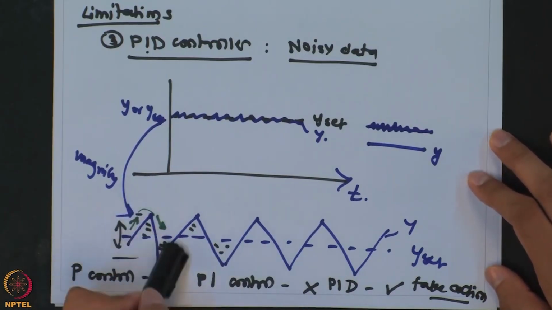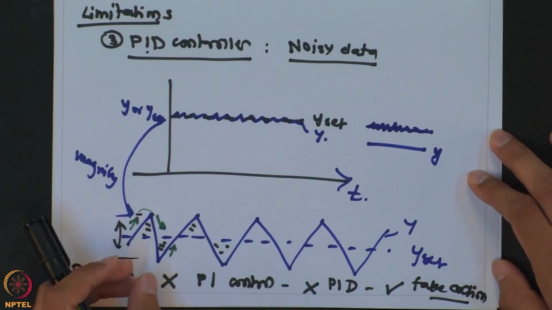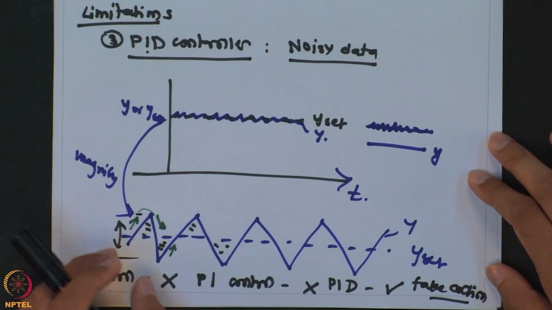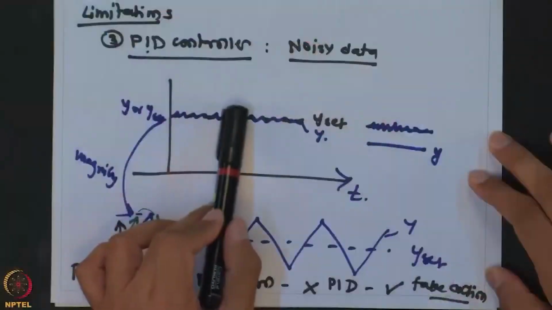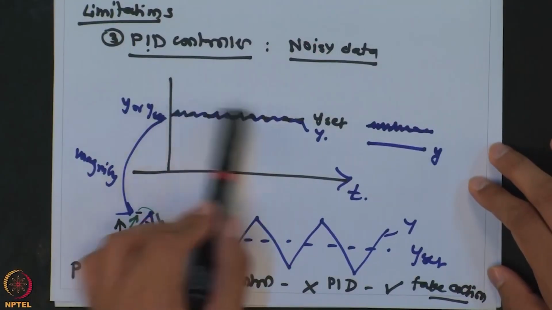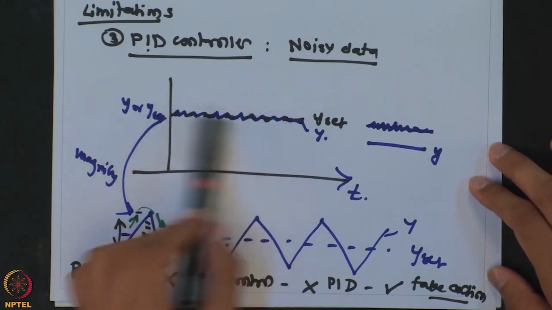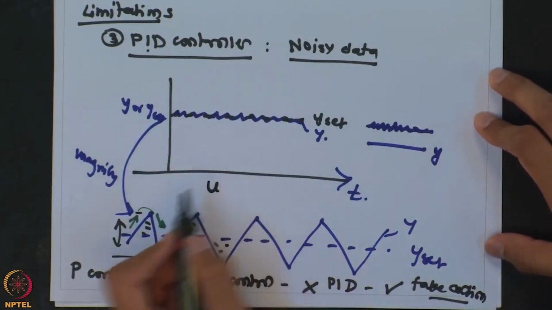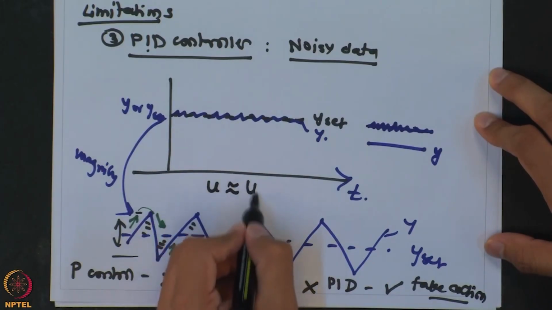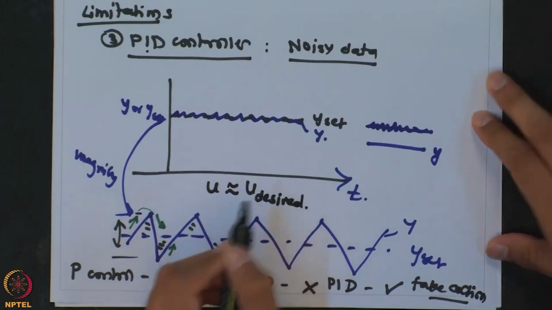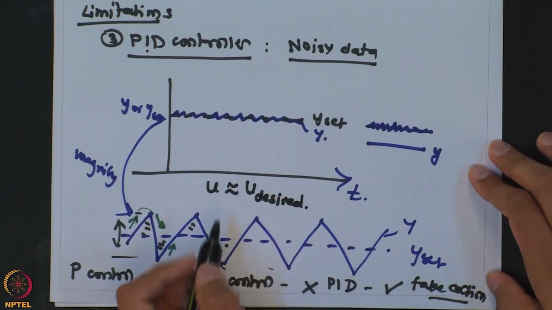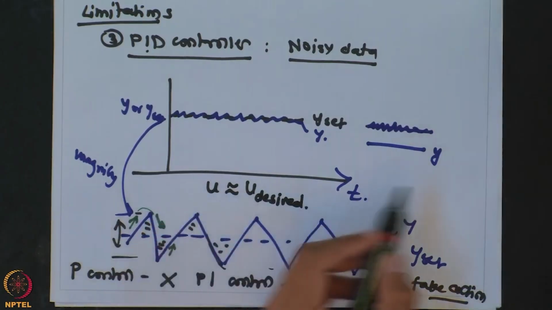So, in that case what is going to happen is, because this error is changing direction, the derivative action will have a very significant contribution, and if the tau d is not selected properly, or the tau d has a significant value, then the controller will try to get rid of these fluctuations, and as these are natural fluctuations where nothing can be done, in this case the manipulated input or the controller output is very much closer to whatever is the desired value, but because the derivative action is trying to react to these fluctuations, it is going to change.